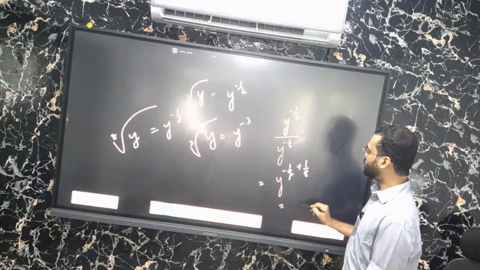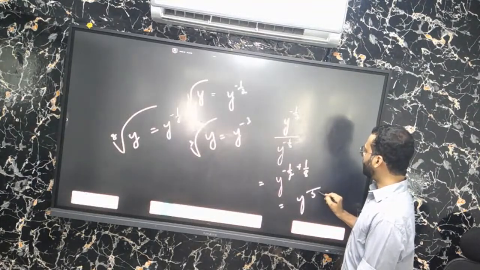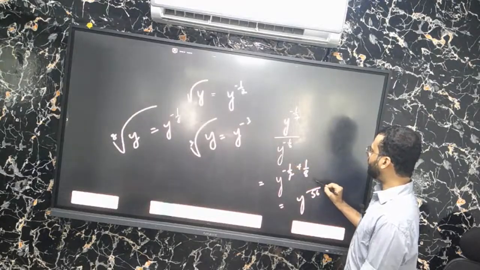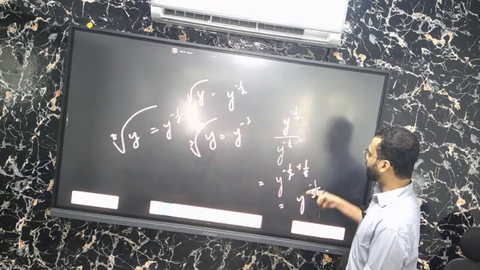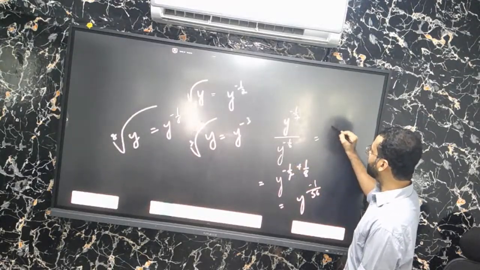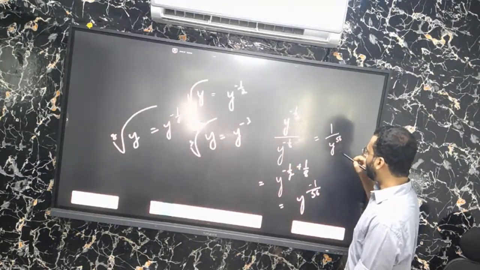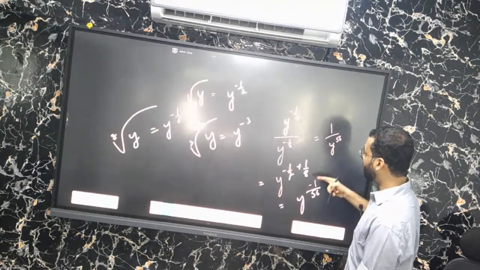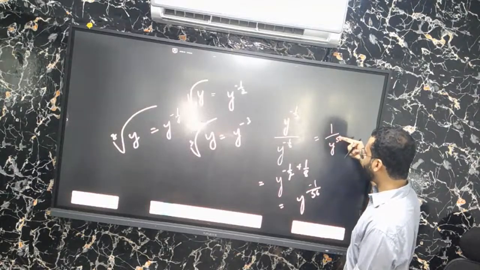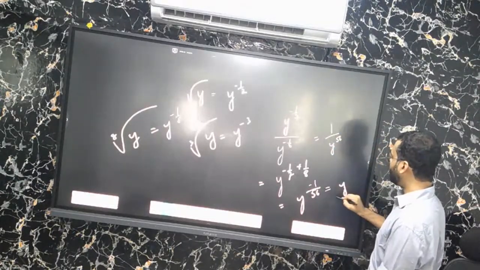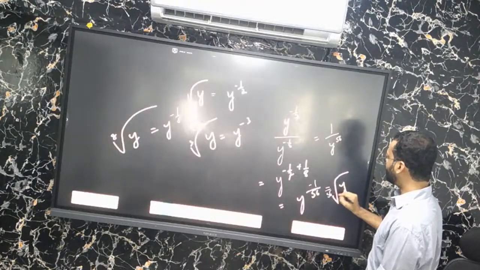What will this equal to? Y power, 8 minus 7 over 56, that is minus 1 by 56. Y to the power of minus 1 by 56 is nothing but 1 by y to the power of 56, or I can write this simply as the 56th root of y.